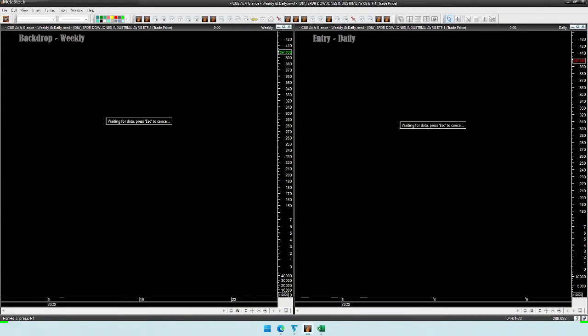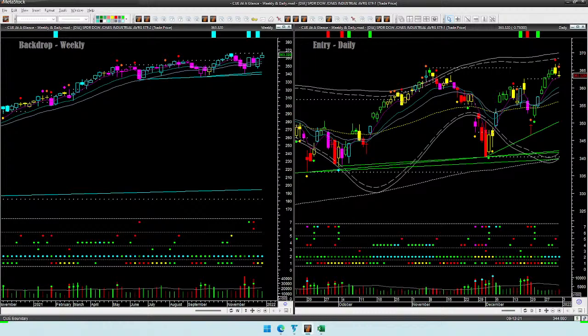DIA, same thing. Already created a false upside breakout after creating a new all-time high just on this day. At least on the intraday basis, created a new all-time high but closed below the watermark resistance. So on closing basis, that was not a closing all-time high.